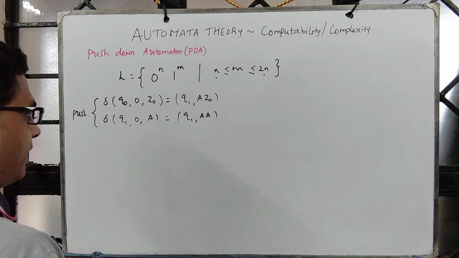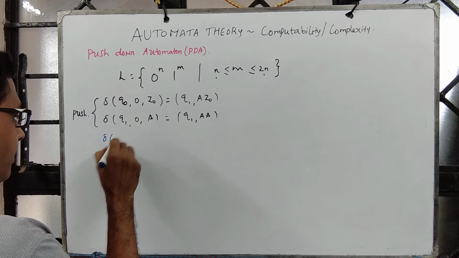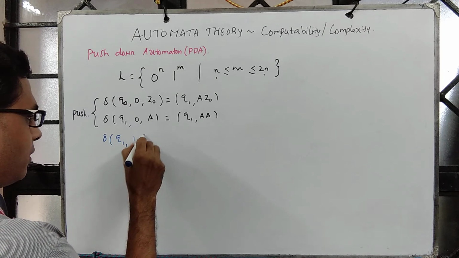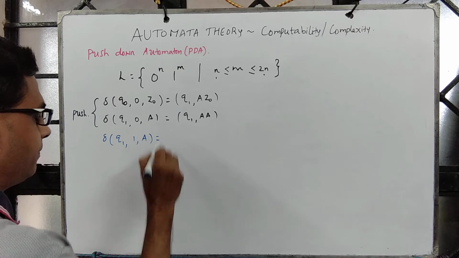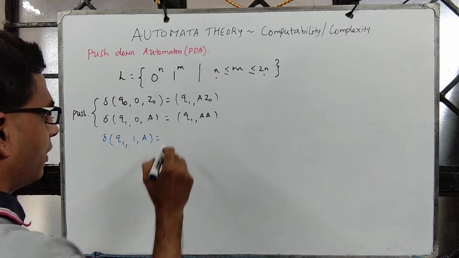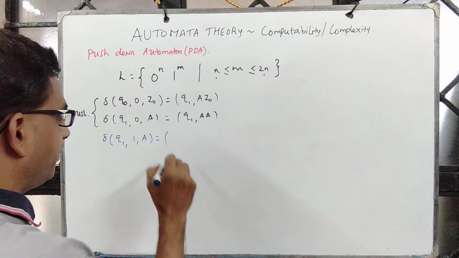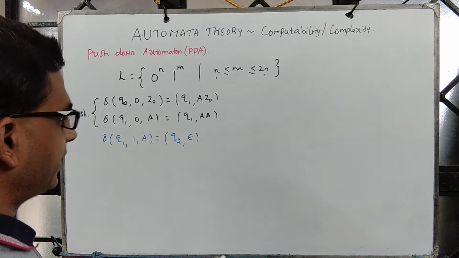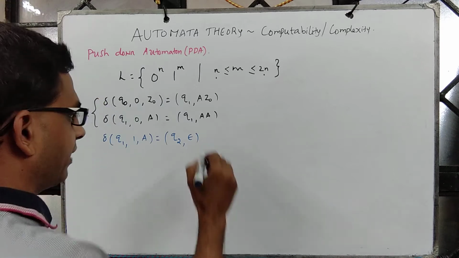Now we are at Q1, we read a 1, top of the stack is A. Now we take a call whether to pop this or skip and pop the next one.